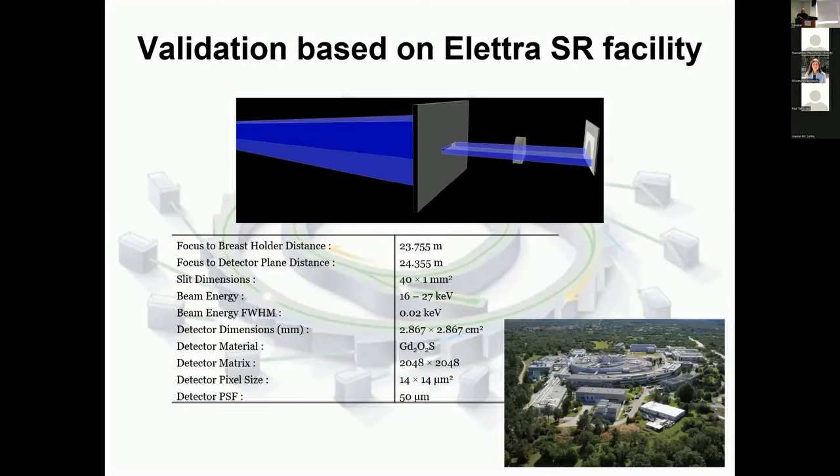Here we can have a look at some of these experimental studies. Please, I would like to highlight, first of all, that the distance is really large. So in fact, we are talking about a parallel beam.